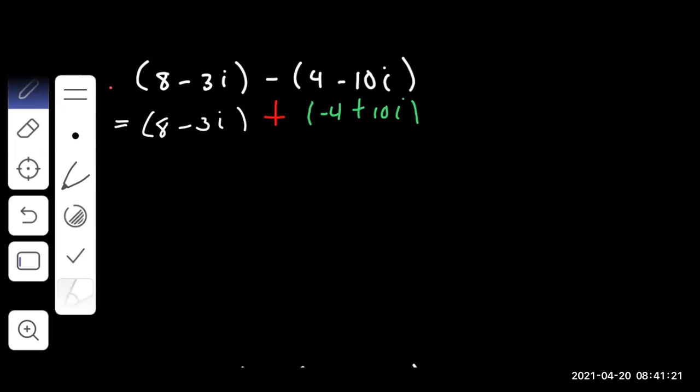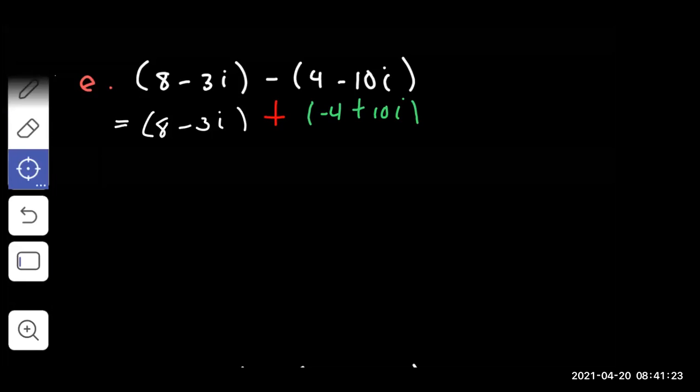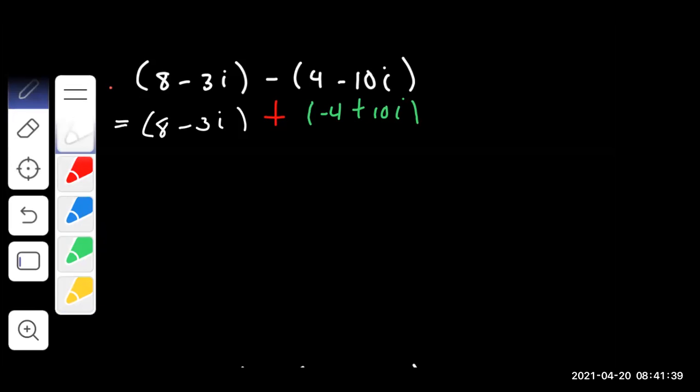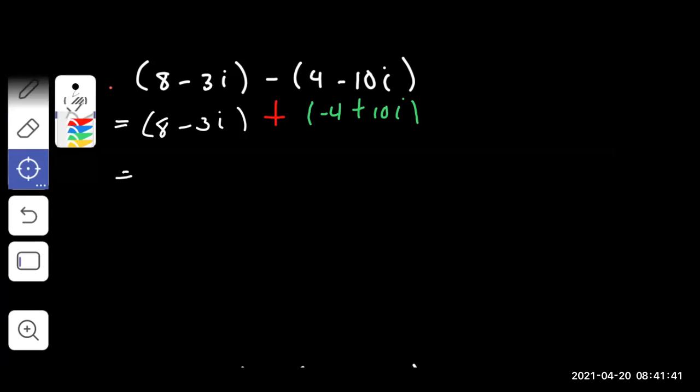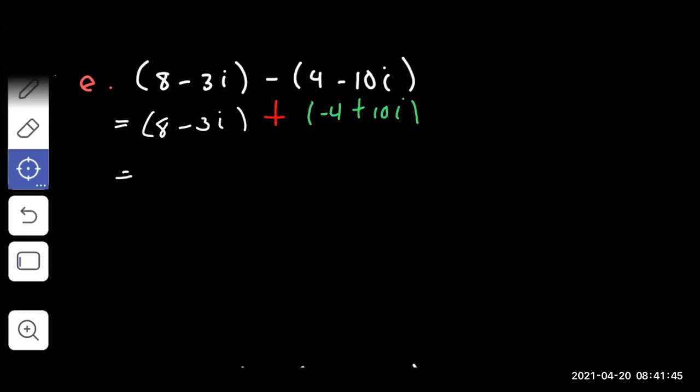Actually, we're using the distributive property, but you can think about this in an easier way: you change the sign to positive, and then you change the sign of what is inside the parentheses. This was positive, now it's negative. This is negative, now it's positive. But actually, you're using the distributive property. Now you don't have subtraction anymore. You have addition, which is what you like.